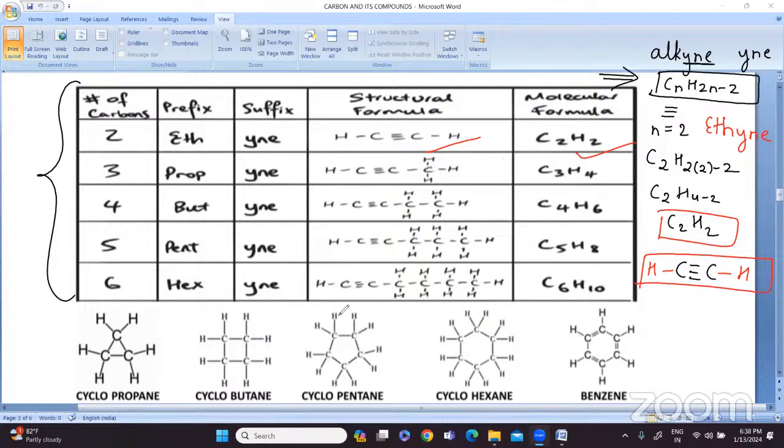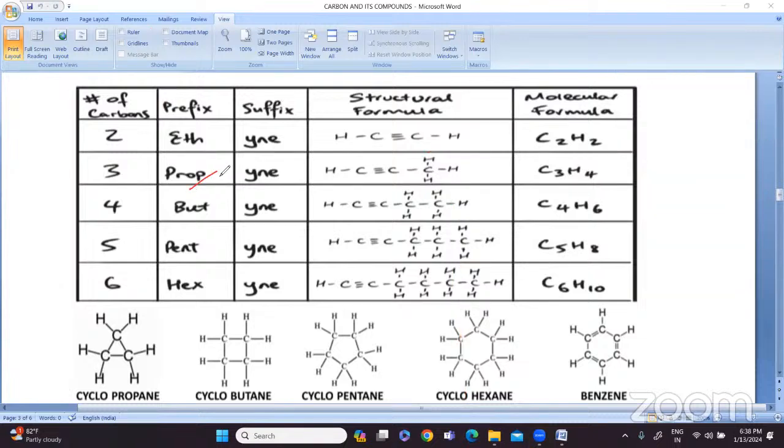So moving forward, when the number of carbon atoms is 3, the prefix remains the same. If you take the formula CnH2n minus 2 and put n equal to 3, then you get C3H4 as the formula.